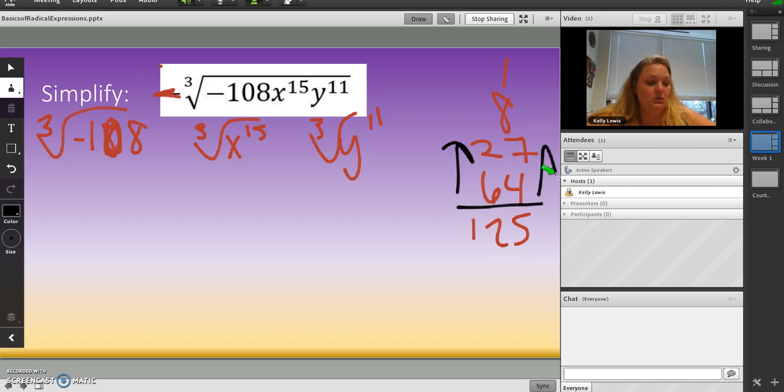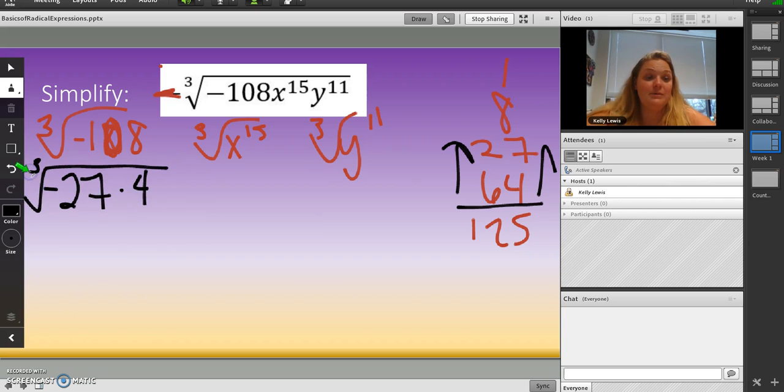Oops, it's a decimal, 1.6. 108 divided by 27 is 4. And remember, I'm taking the cubed root. So the cubed root of 4 doesn't exist as a whole number. The square root of 4 does, but not the cubed root of 4. The cubed root of 27 is 1, 2, 3. So it'll be negative 3 cubed root of 4.